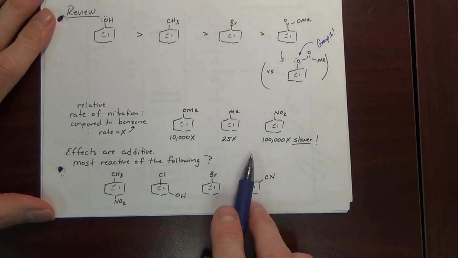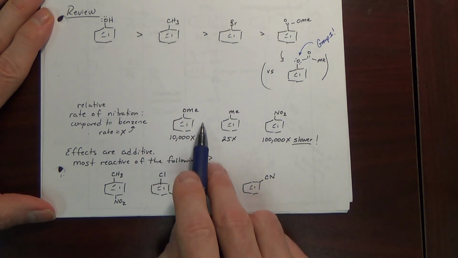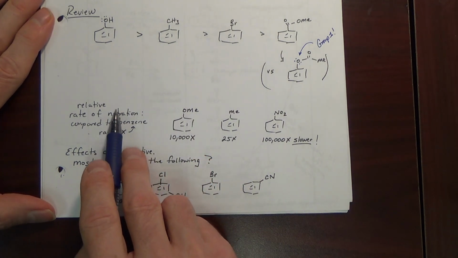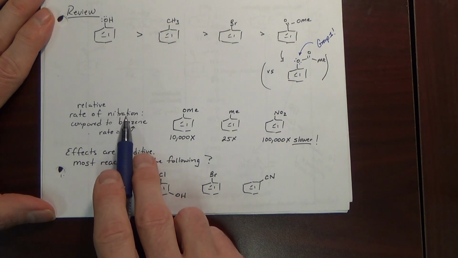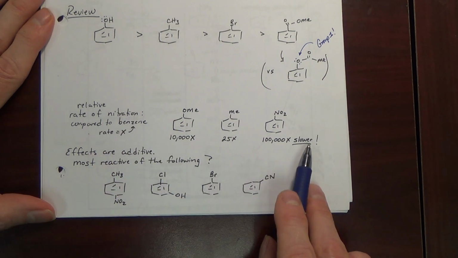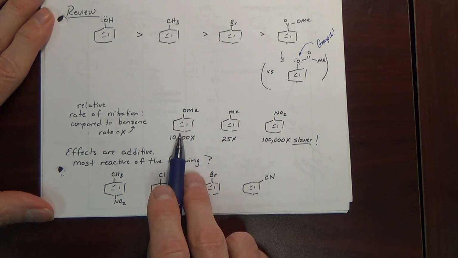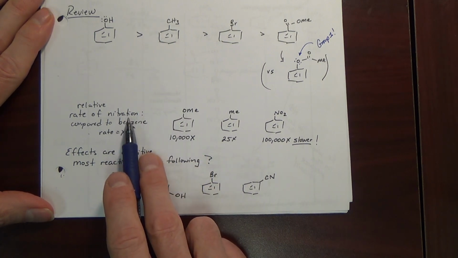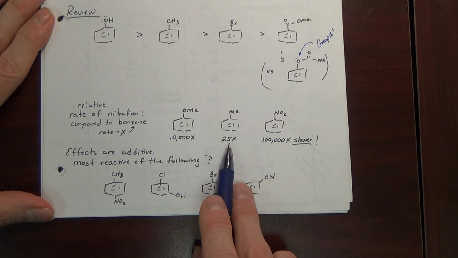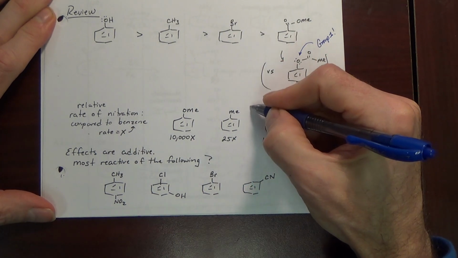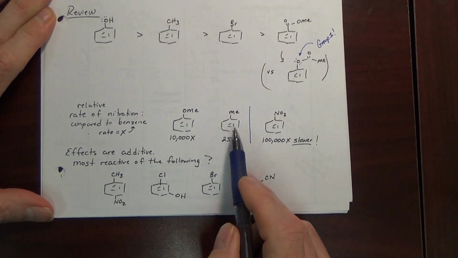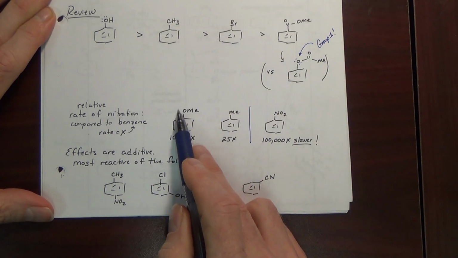Here's some actual numbers. If you look at anisole towards an EAS, this is towards nitration, which is an EAS mechanism. Compared to benzene, it's 10,000 times more reactive than benzene towards nitration. Toluene is only 25 times more reactive. All right, of course, benzene would sit here. So weak activator, a strong activator.